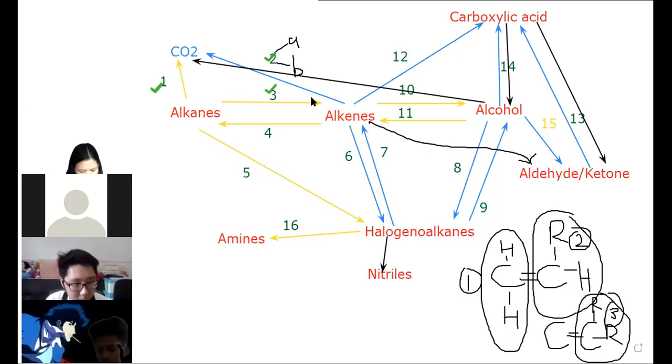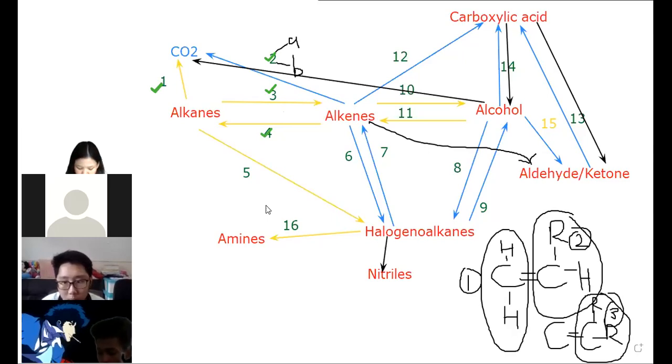Yes, the catalyst is nickel or platinum. Correct, and the process is hydrogenation with the reagent hydrogen at 100 degrees Celsius. Correct. So it is correct. And then number 5.